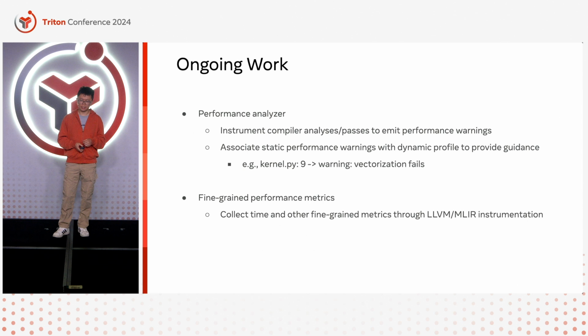Therefore, we want to collect more metrics, probably instrument directly into compiler analysis passes to emit performance warnings and associate these warnings with the dynamic profile to provide guidance. There are already some warnings integrated into Triton, and we are looking at developing more. The warnings are in a format like kernel.py with its line number and its warning message, such as vectorization failed.